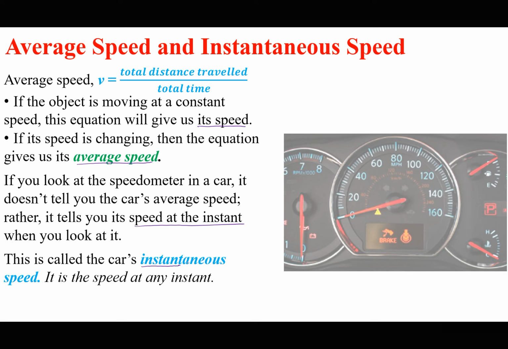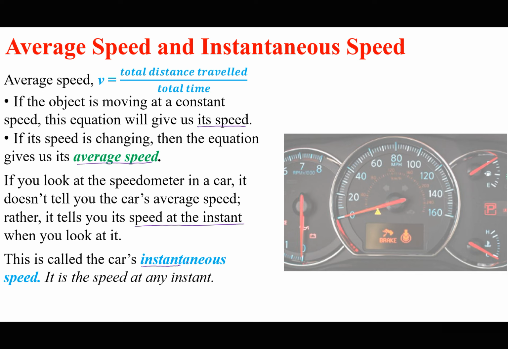When I say the average speed of the journey, it means you have to know the total distance for the whole journey and the total time that it took you, because you cannot drive at the same speed from the starting point up to the final point. There could be traffic, there could be humps, and so on and so forth. All these factors make the speed fluctuate between a certain maximum and a certain minimum.